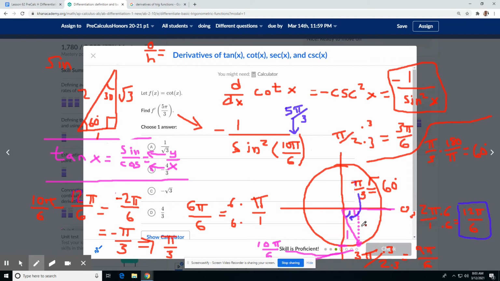And then we have to remember it's in quadrant 4. So that means the y value that we talked about has to be negative. So our final answer is going to be negative. All right. So we're looking at sine of 60 now. Opposite is radical 3 over hypotenuse is 2.